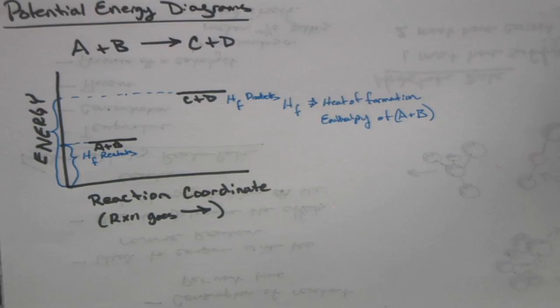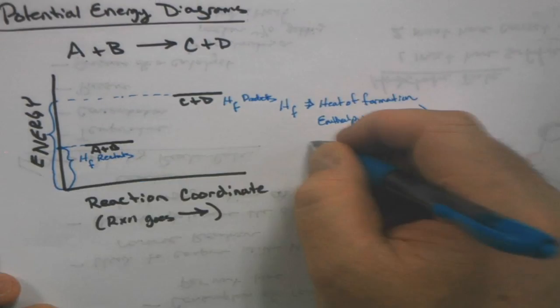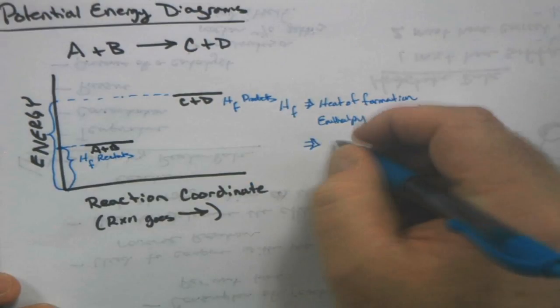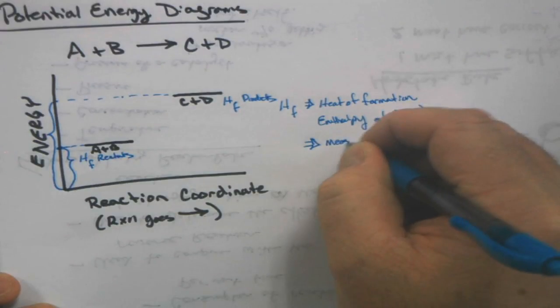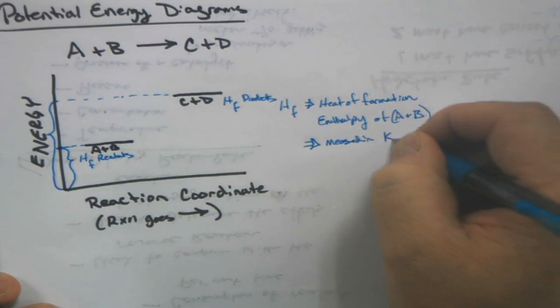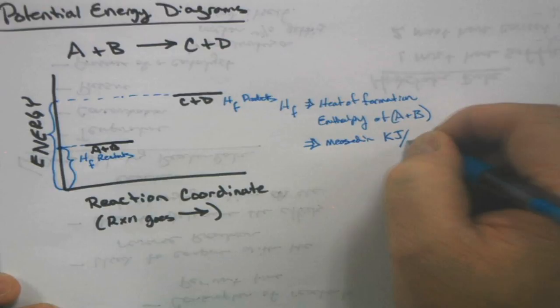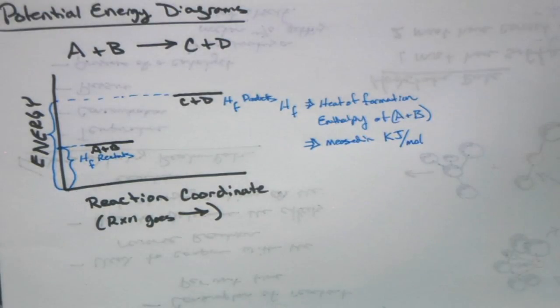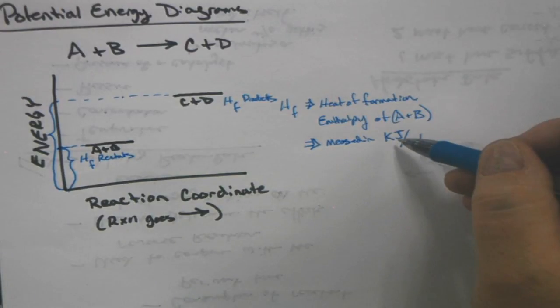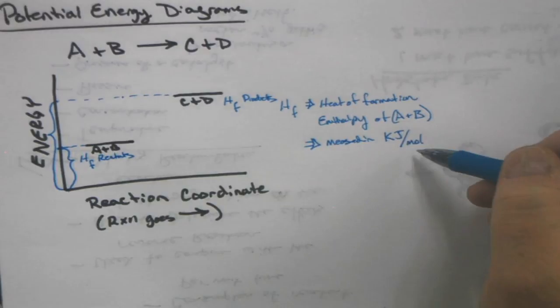Okay. This would be measured in kilojoules per mole. So think about it. That is the amount of energy that is stored in the bonds for every mole of that substance.